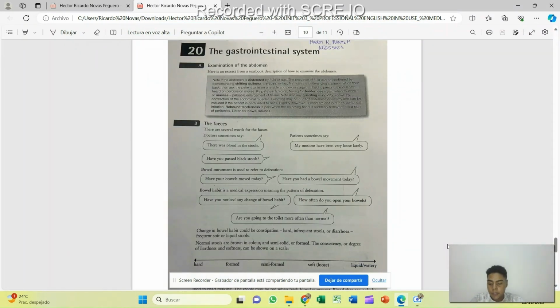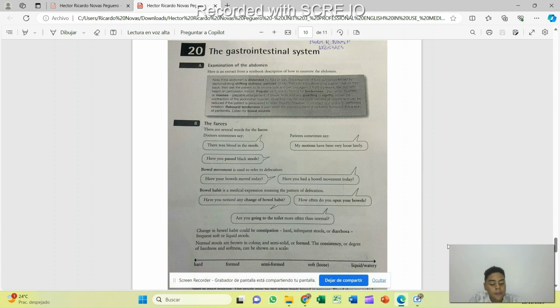Chapter 20. The gastrointestinal system. A. Examination of the abdomen. Here is an extract from a textbook description of how to examine the abdomen. Note if the abdomen is distended by fluid.